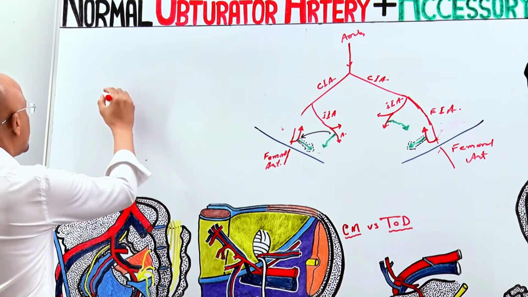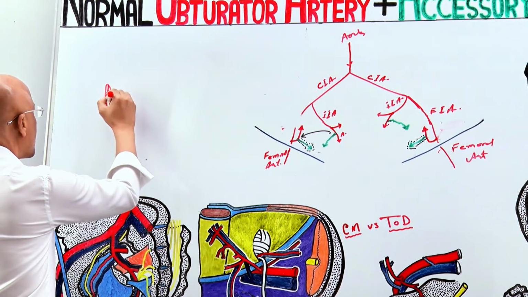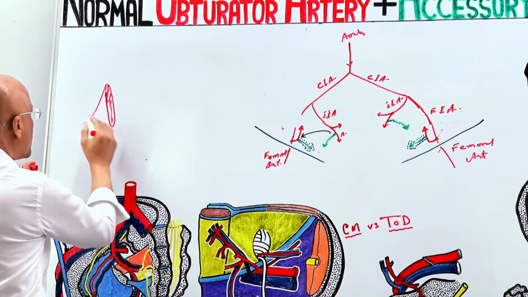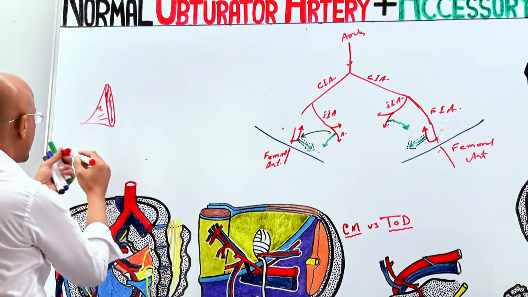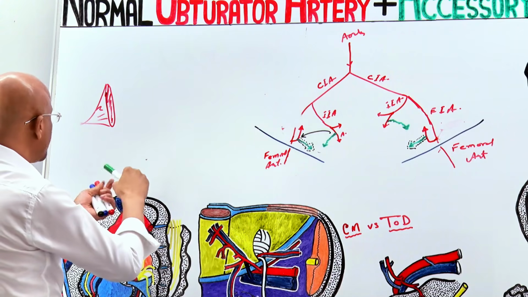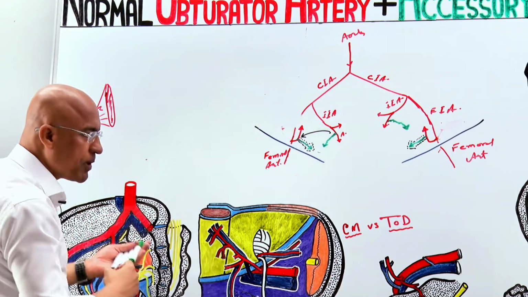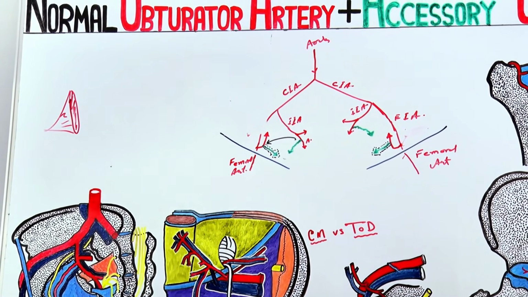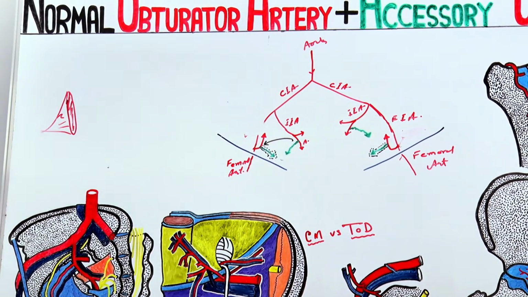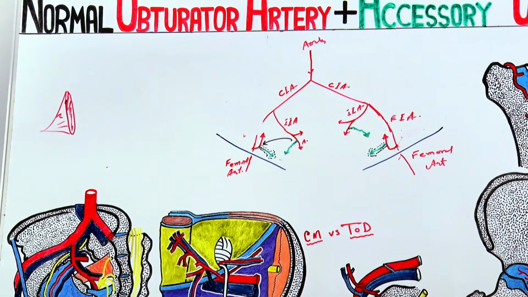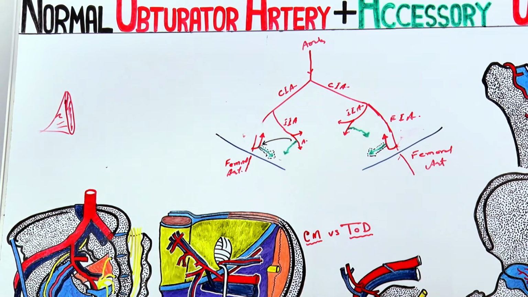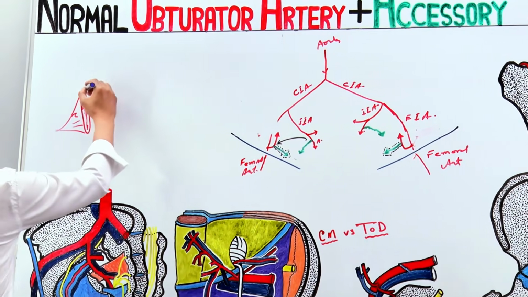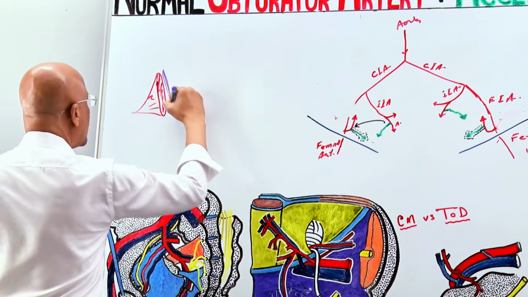Suppose this is obturator internus, right? Here is which fascia there? There should be purple fascia. I don't have purple here. Give me purple. Okay, I will take it. Over this, what is this purple fascia?